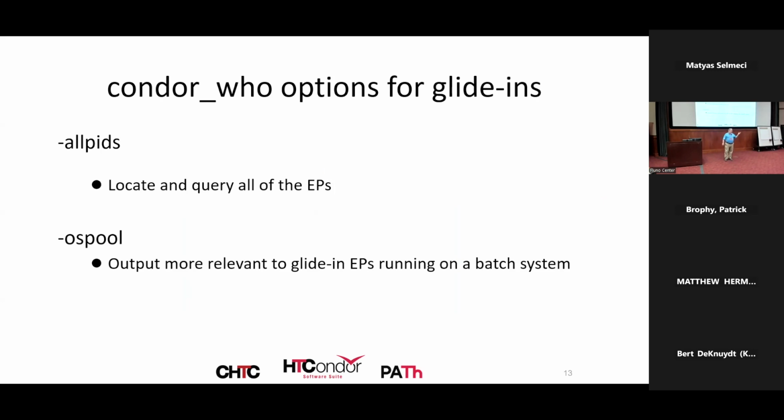Actually, the all-peds argument was there already, but nobody really used it. There wasn't a good reason to. Now this will be the primary thing you want to do, is all-peds, find all the startds, query all of them. And there's a new argument that formats the output in a way that is more useful if you are looking at glide-ins and you are administering the execute node that the glide-ins are running on, as opposed to being a Condor administrator.